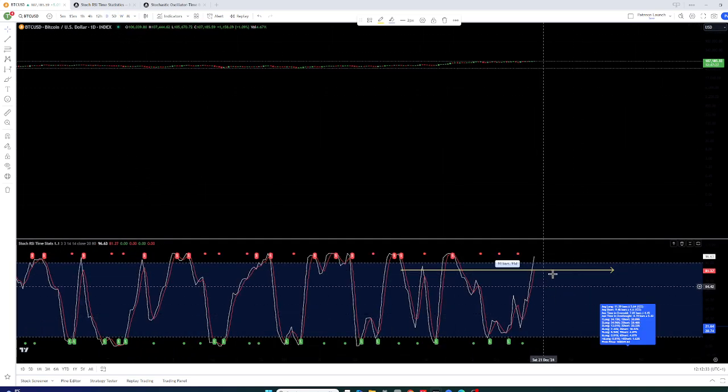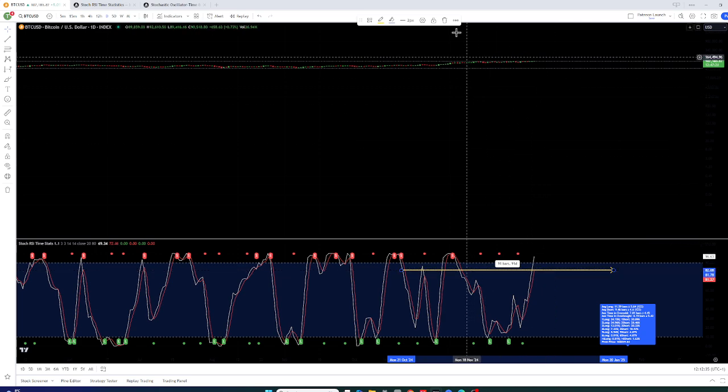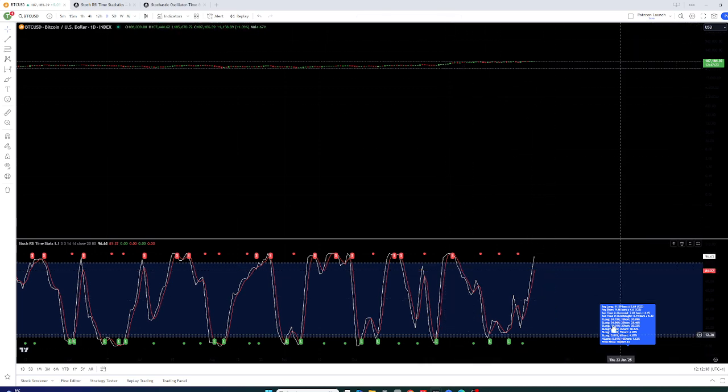Okay, if we go here to the daily, let's just get rid of that. See here, same features, but of course the sample size is a lot bigger, 123 occurrences of a long from bottom to top. On average, from the last long to the next short signal is, let's call it 12 bars. It says 11.5 here.